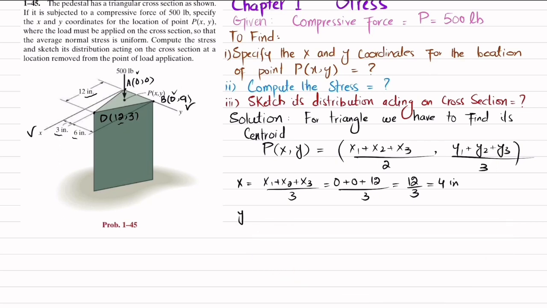Now the y coordinate will be equal to y1 plus y2 plus y3 divided by 3. So y1 is 0, y2 is 9 and y3 is 3. So 0 plus 9 plus 3 divided by 3, which is again 12 by 3, and we will get 4 inch.